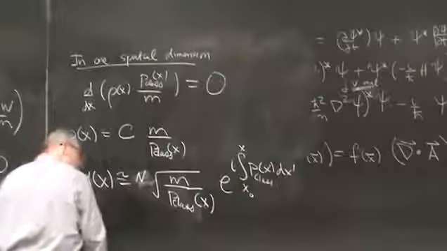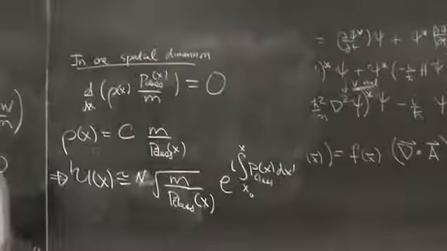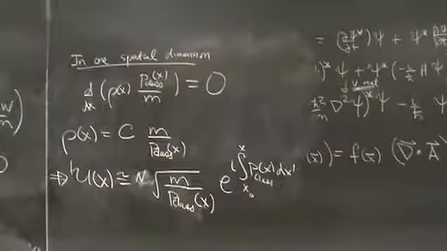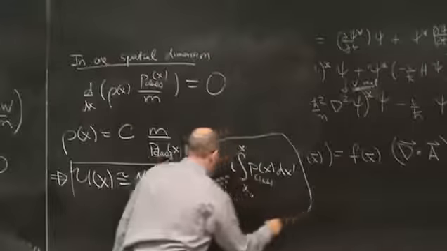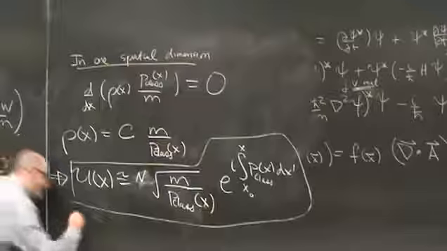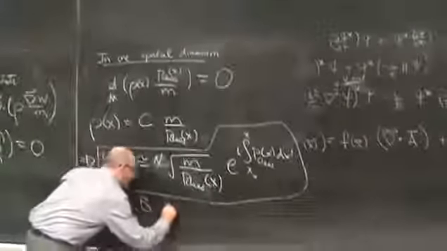And this form, this approximate solution for the wave function in this limit of short wavelengths compared to the particle, is known as the WKB approximation. And I forget who W is.